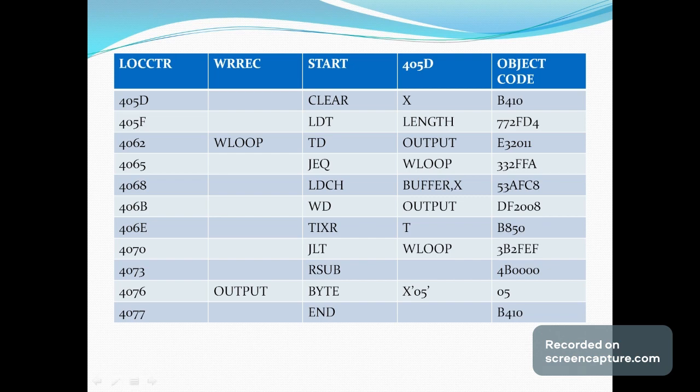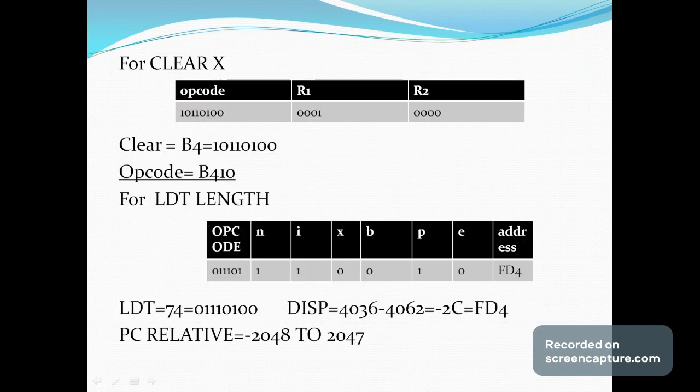When it comes to the opcode for CLEAR X, as this is format 2, it consists of the opcode, register 1 and register 2. For CLEAR, it is mentioned that the opcode is B4.